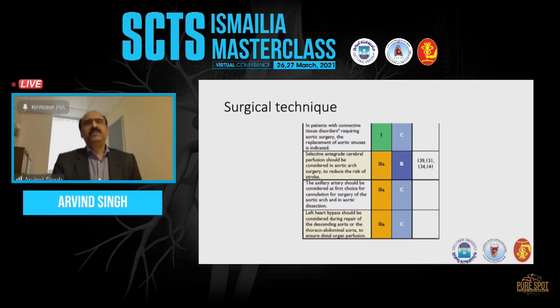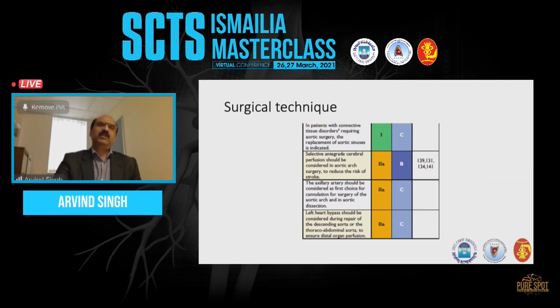The other recommendation is selective antegrade cerebral perfusion. The level of evidence is B, and the recommendation is 2A. As I mentioned earlier, the arch of the aorta gives rise to the three branches supplying the arm, the upper limbs, and the brain.